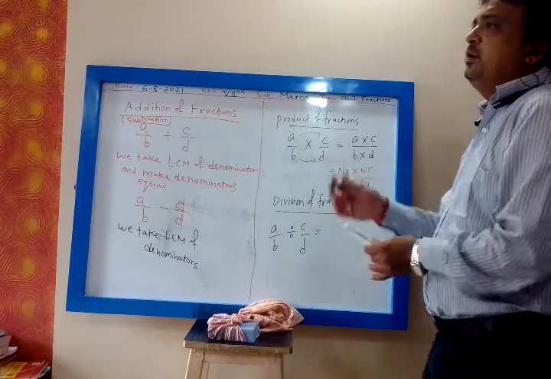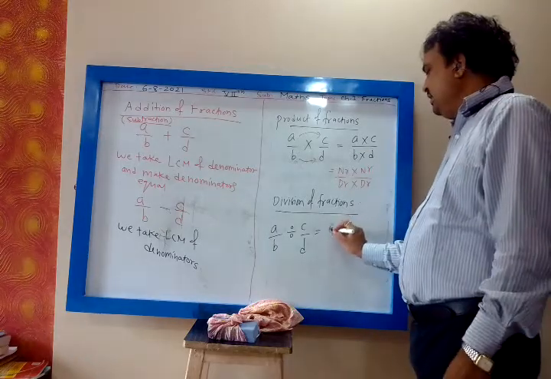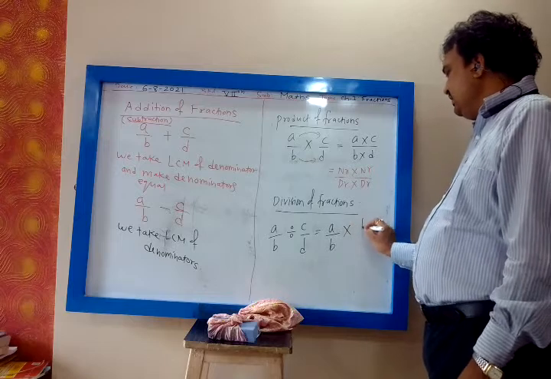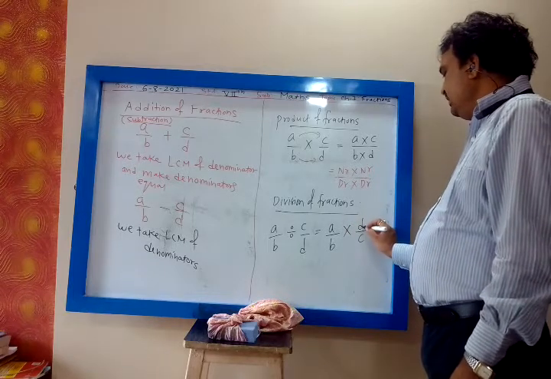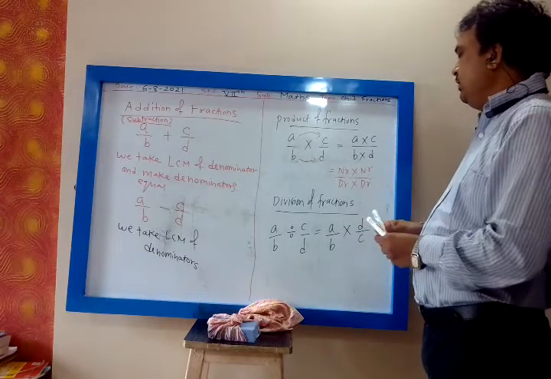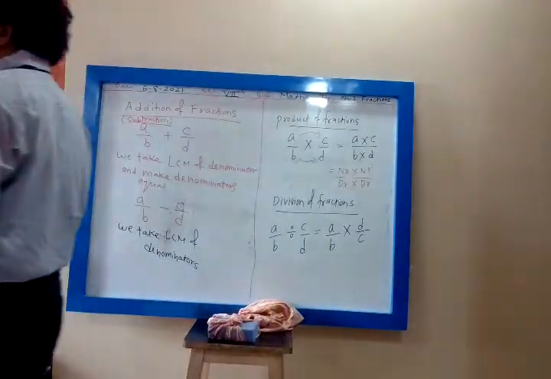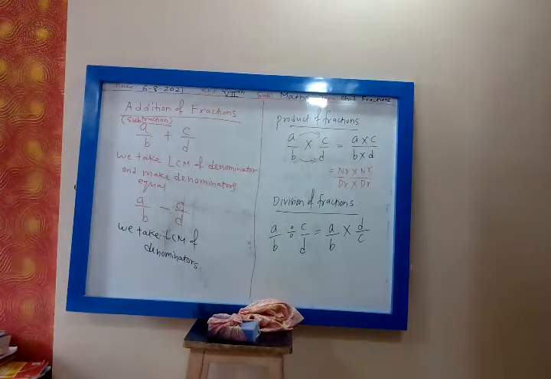We take reciprocal of the second. So A by B multiplied by D by C. So we take reciprocal of the second. So fractions are same as rational numbers.